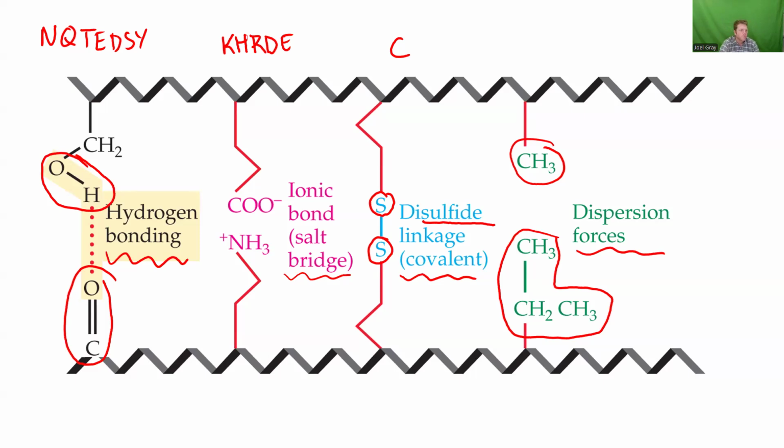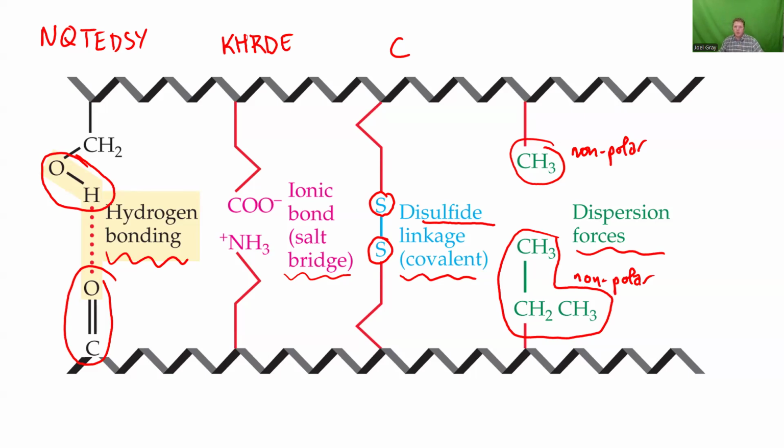Now, with that in mind, methyl group and other methyl groups, they don't really have a strong attraction for one another. And the reason for that is this group is nonpolar. This group is as well nonpolar. So they are combined two nonpolar groups.